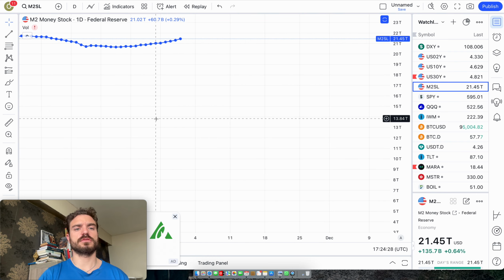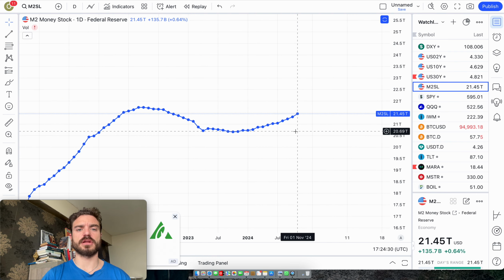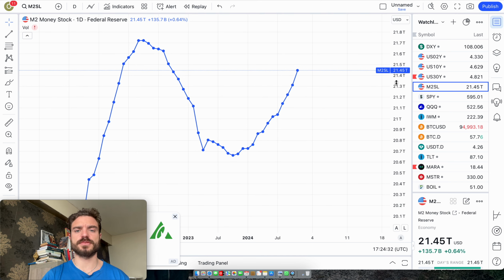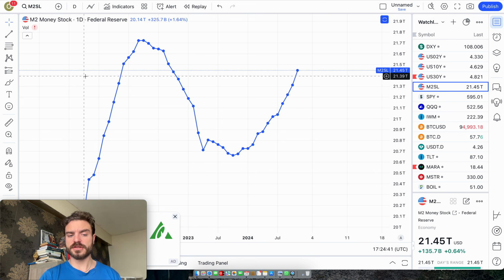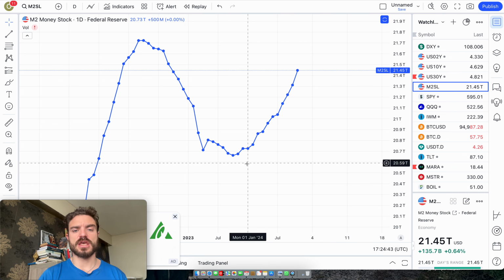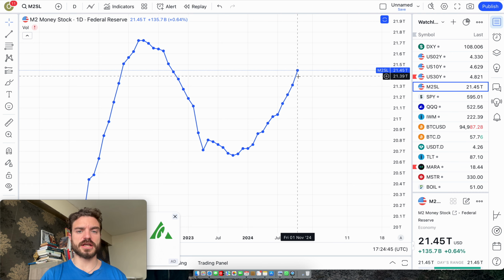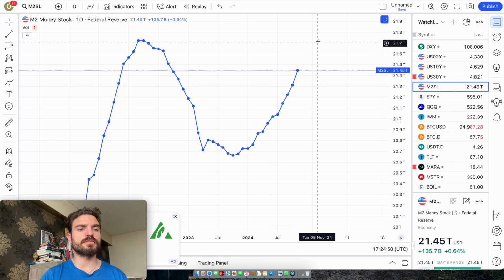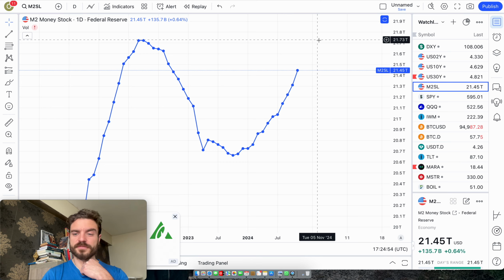Sure, you might say, well, let's look at the money supply. What's going on with the money supply? Yeah, it's been growing. But the effect of cutting so fast perhaps hasn't been felt yet, and this upward trajectory of the money supply may not be felt until much later.